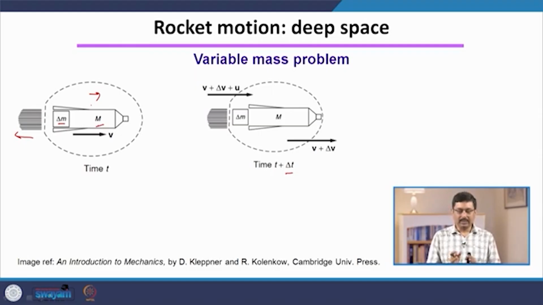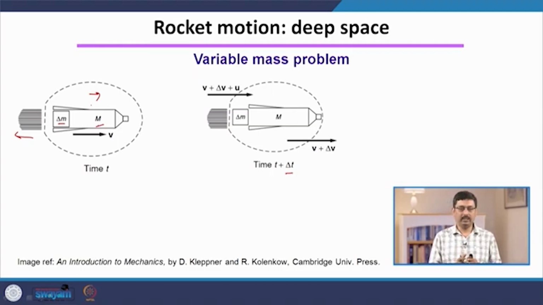Now, remember that when we discussed Newton's laws of motion in week 2, we said that the most general version of Newton's law, instead of writing F equal to ma or F equal to dp/dt, looks at the change in momentum and equates it to the impulse.